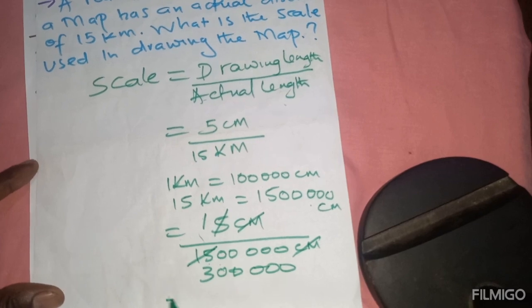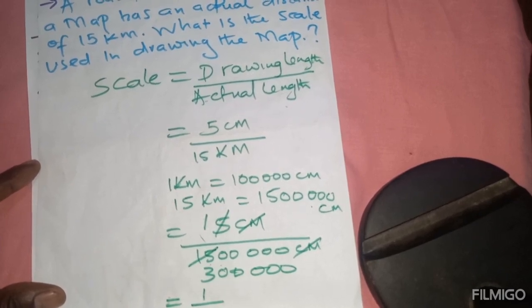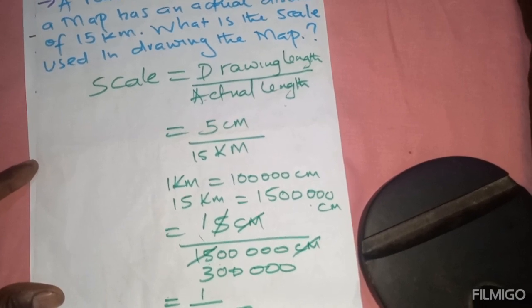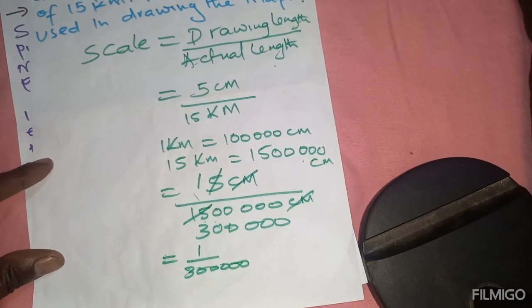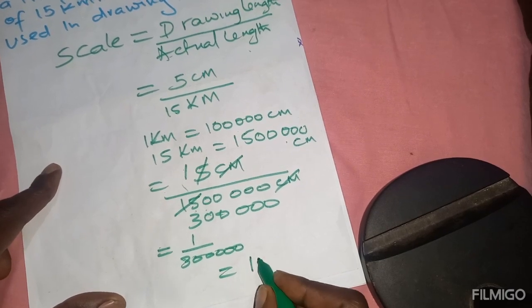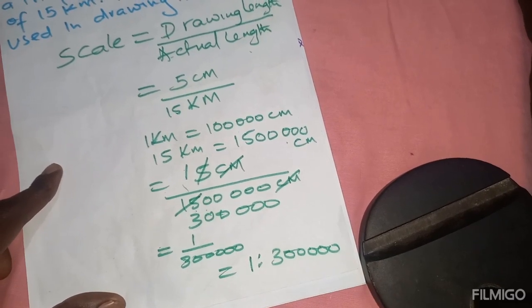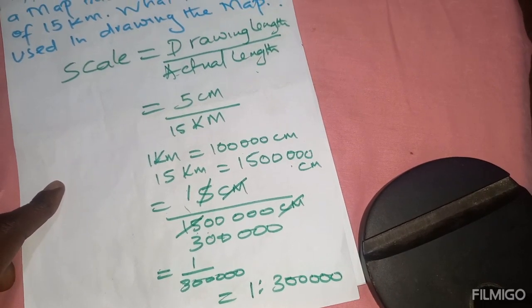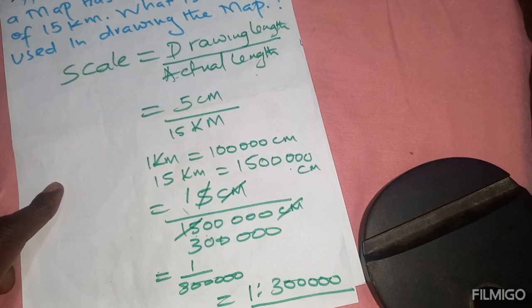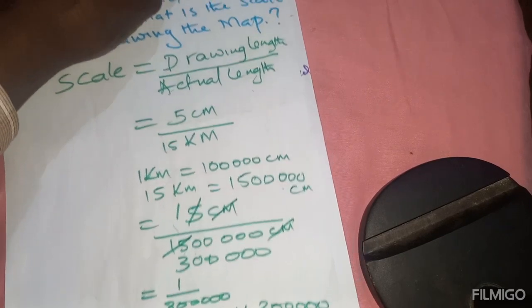So our scale is 1 over 300,000. When giving the ratio scale, it becomes 1:300,000. That is the answer.